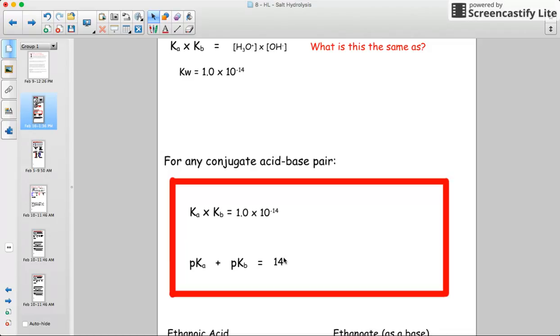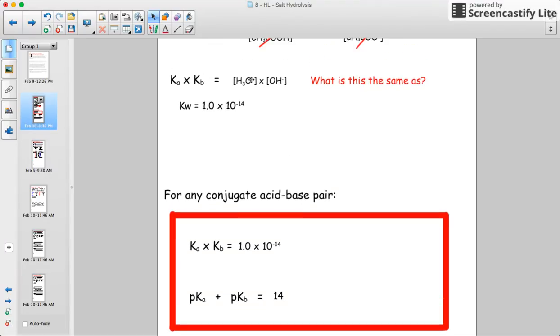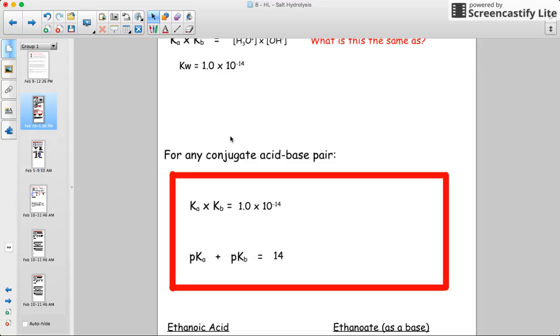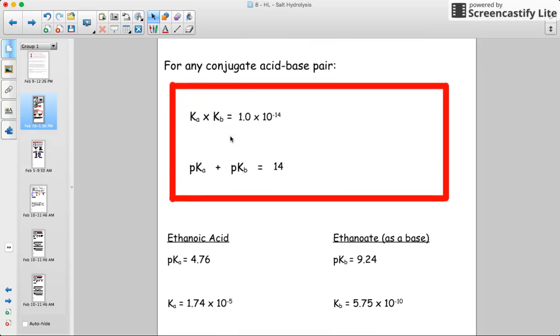So it's a very similar relationship to the one we had with H plus concentration and OH minus concentration, which always have to multiply together to this value. Well, Ka and Kb always have to multiply together to this value if they are referring to a conjugate acid-base pair. And just like pH and pOH always add up to 14, pKa and pKb for a conjugate acid-base pair always have to add up to 14.